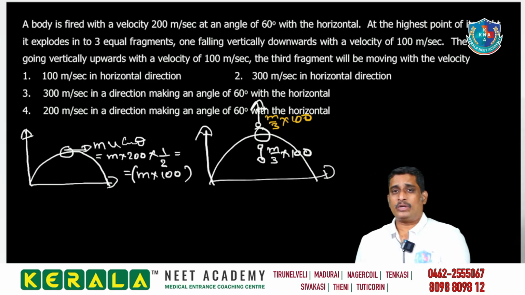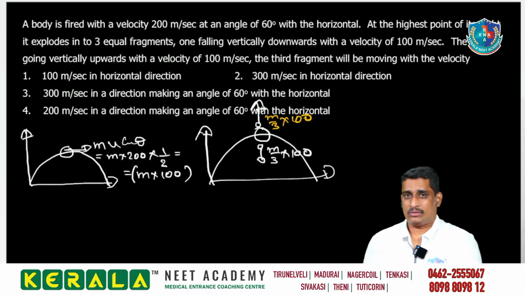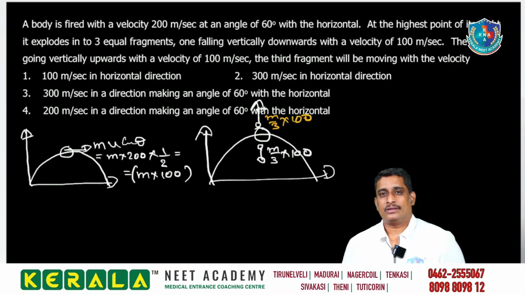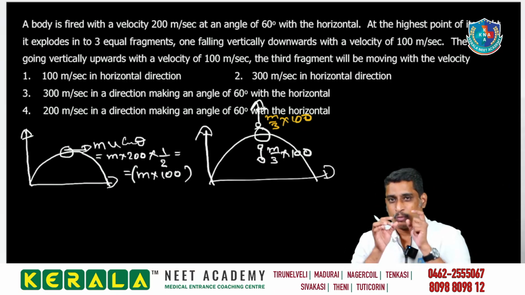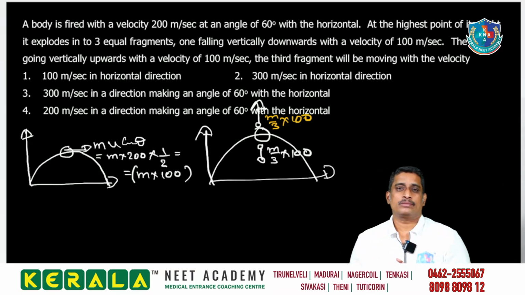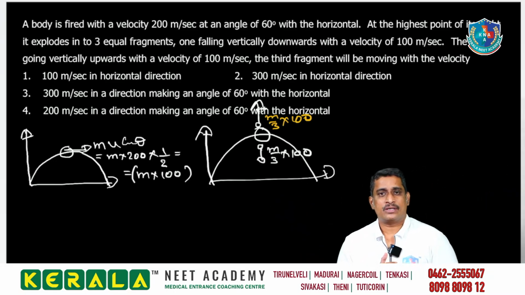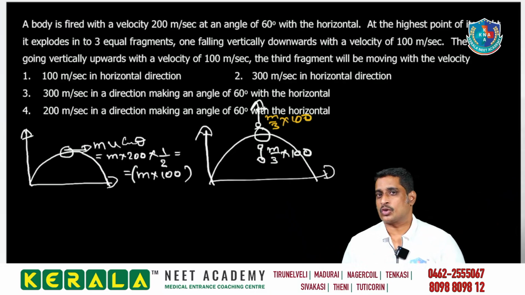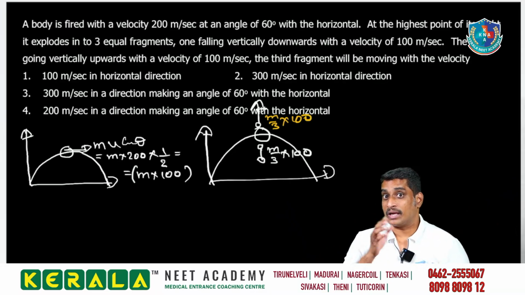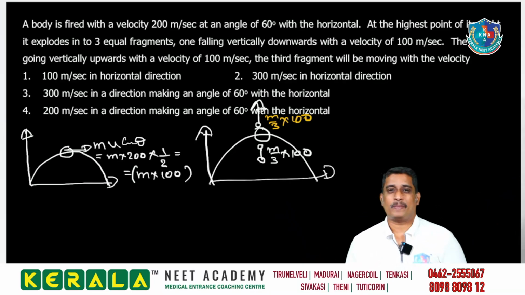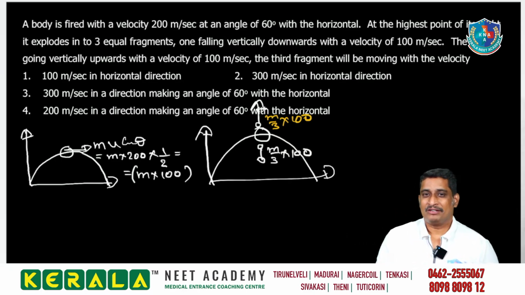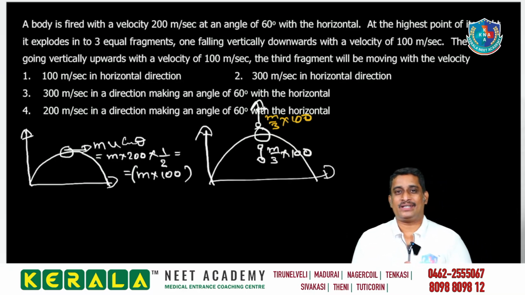See here, one important point you just observe. Before explosion, there is no momentum to that bomb system in the vertical direction. Then it may be exploding into any number of fragments. After explosion also, that system should not gather momentum in the vertical direction. That condition they have given very clearly in the question here.